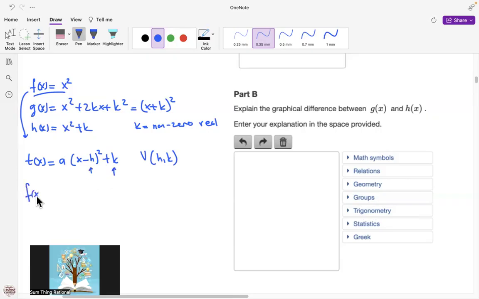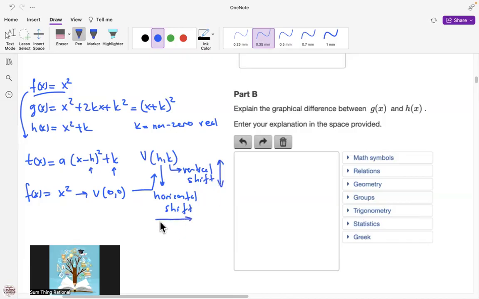Normally, f of x equals x squared has a vertex of 0 and 0. And this vertex is shifted to point h, k. So h is what we call the horizontal shift along the x-axis, and k is the vertical shift along the y-axis, up and down.